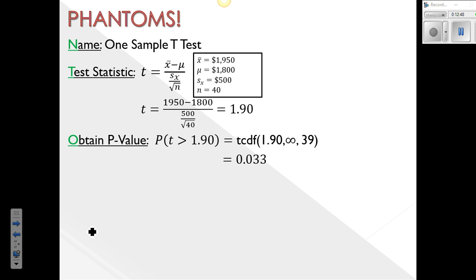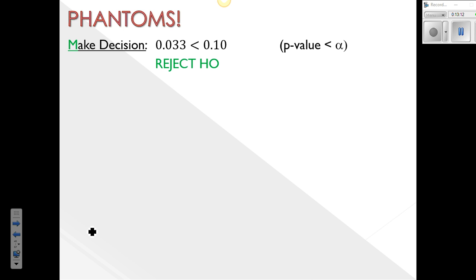So you got this p-value. So the question is, what's the p-value? The p-value is the evidence against the null. We're comparing it to our alpha level of 0.10. Do we have enough evidence? Yes. Because when the p is low, very good. You guys are getting so good at this. So we're going to reject the H0.